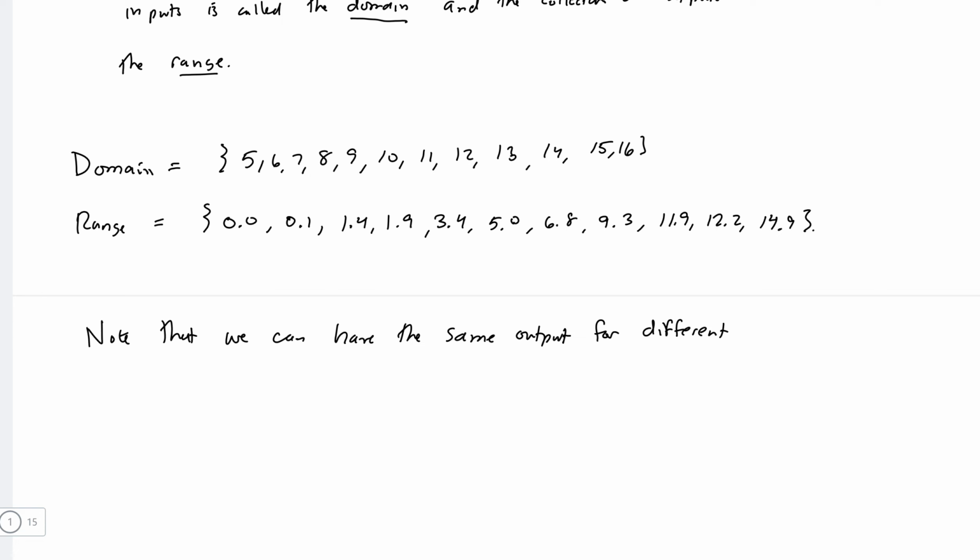So each input only gives one output, but each output could be assigned to more than one input. Right, so for example, 11 and 12 both gave outputs of 0.0. So that's perfectly fine to have happen.